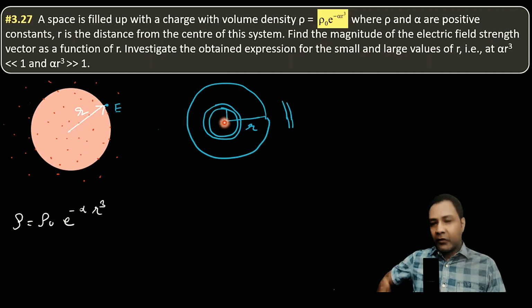To find the electric field due to a uniformly charged shell: the electric field inside the shell is 0, and for an outside point, we put all the charge at the center.